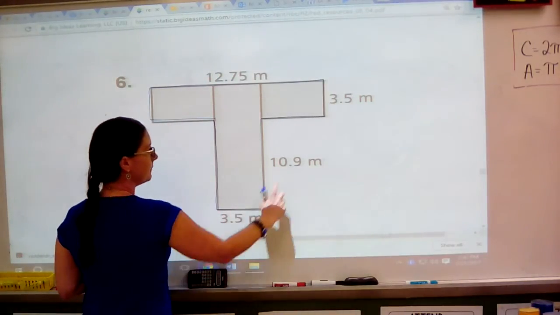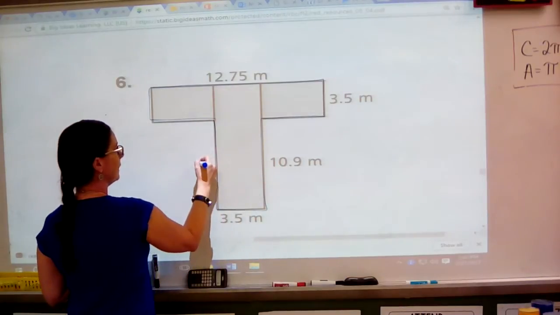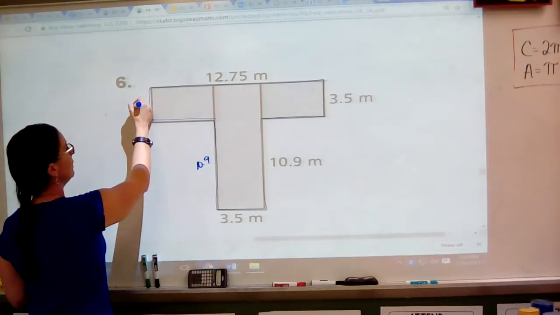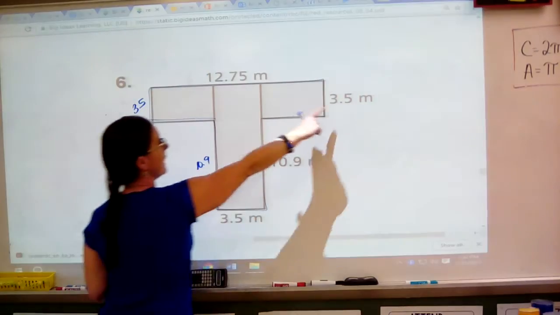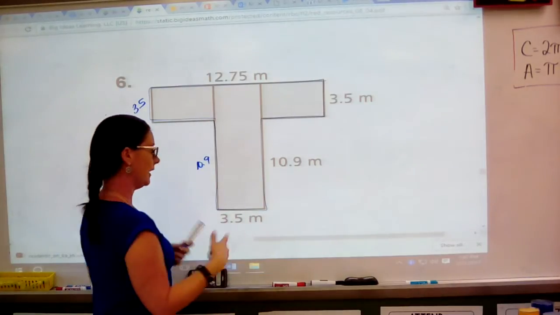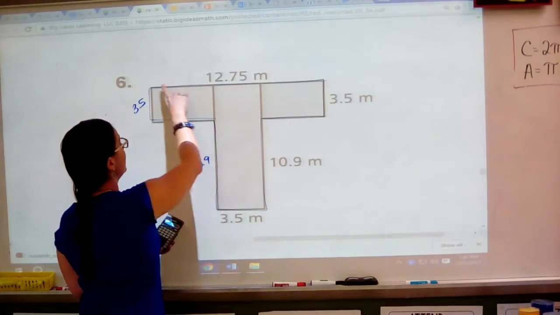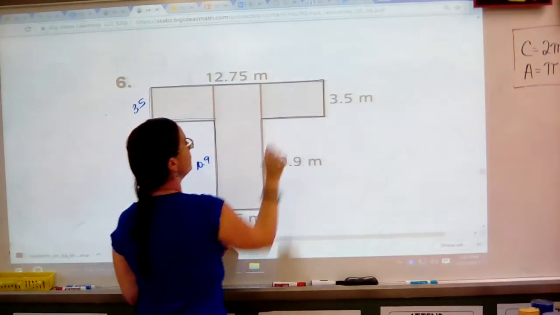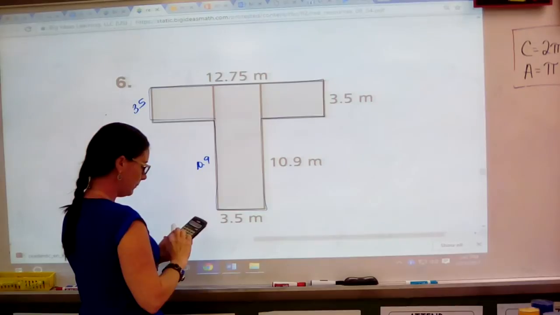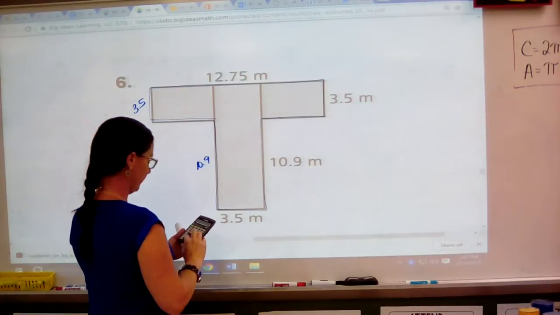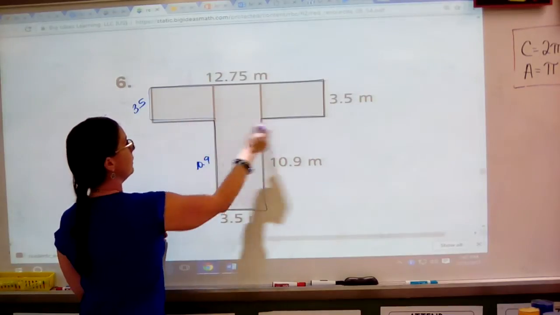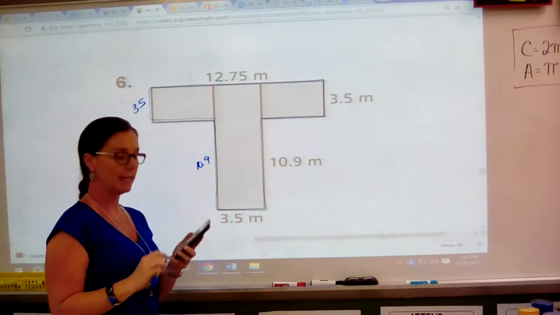I know that if this side over here is 10.9, this side over here would also be 10.9. I know that here is 3.5 because that side would be 3.5. And then just like we did when I found the area, I know that all the way across is 12.75, and I know that this little space is the 3.5. So I know these two together equal 9.25.